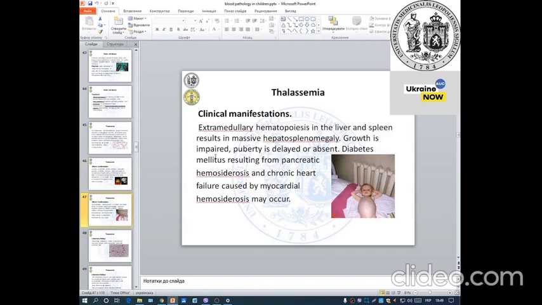Extramedullary hematopoiesis in the liver and spleen results in massive hepatosplenomegaly. Growth is impaired, puberty is delayed. Diabetes mellitus resulting from pancreatic hemosiderosis, and chronic heart failure caused by myocardial hemosiderosis may occur.